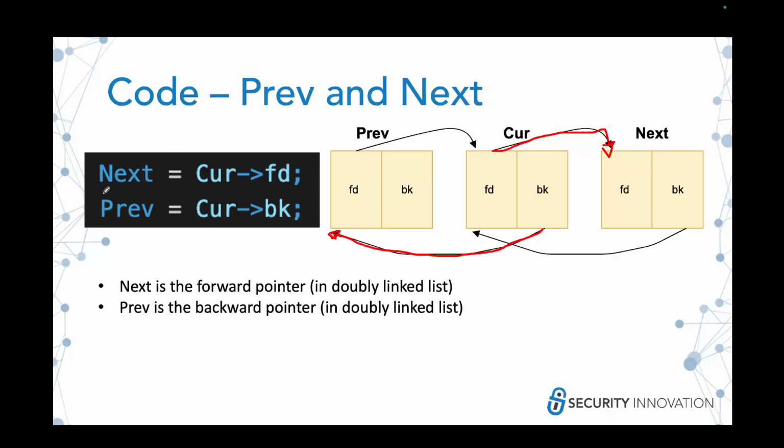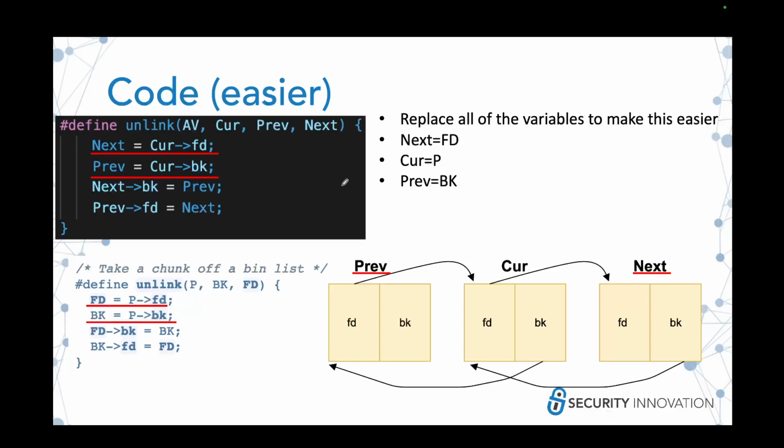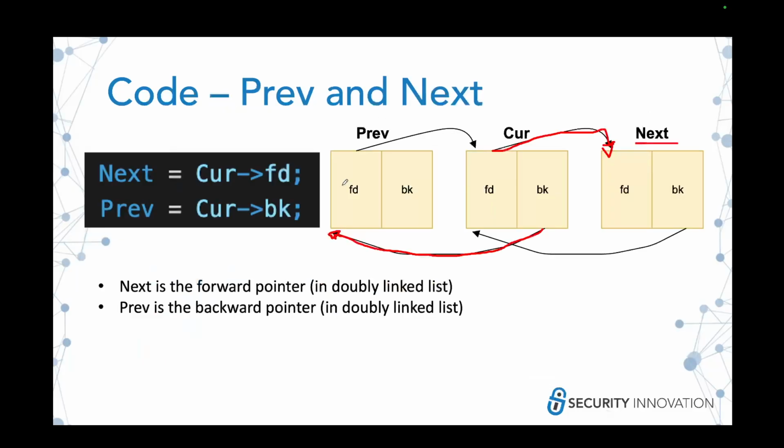The first two lines of code are literally just finding the pointers that we need. So we're doing cur's FD is equal to next, and then cur's BK equals prev. This first part of the macro is literally just getting pointers to the locations. They're effectively temporary variables, is all they are. And then after that we start doing the writing.